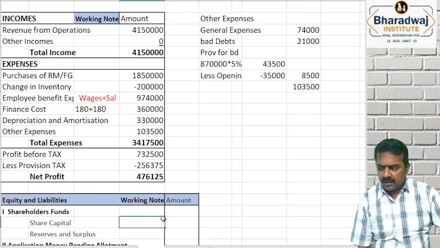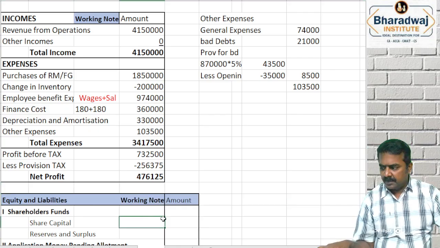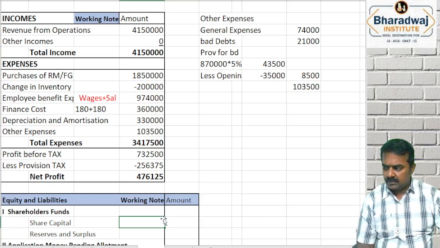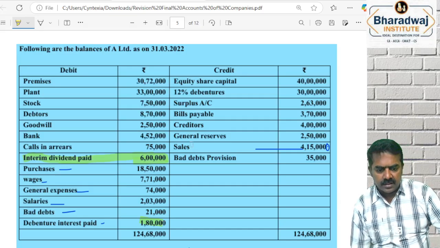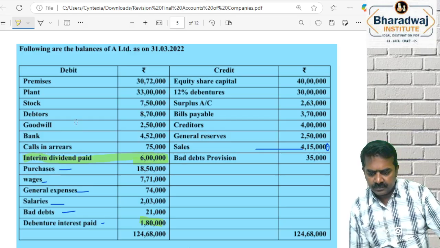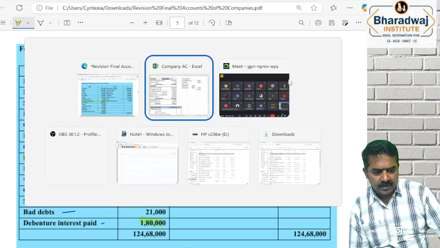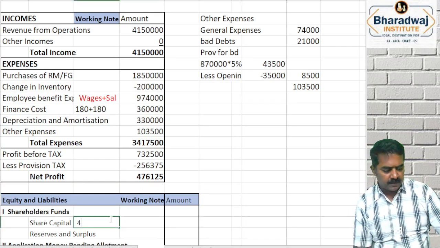Share capital, the paid up capital will come. What is the paid up capital? 40 lakh. Any calls in arrears? 75,000. So paid up capital will be 40 lakh minus 75,000.